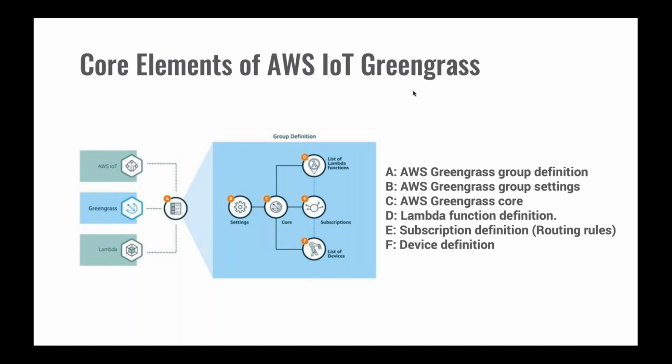It's a very simple rule that connects a publisher to the subscriber, or the sender to the recipient. And finally, there is a device definition, which is going to help us manage the local device shadows. Those are the core elements of AWS IoT Greengrass.